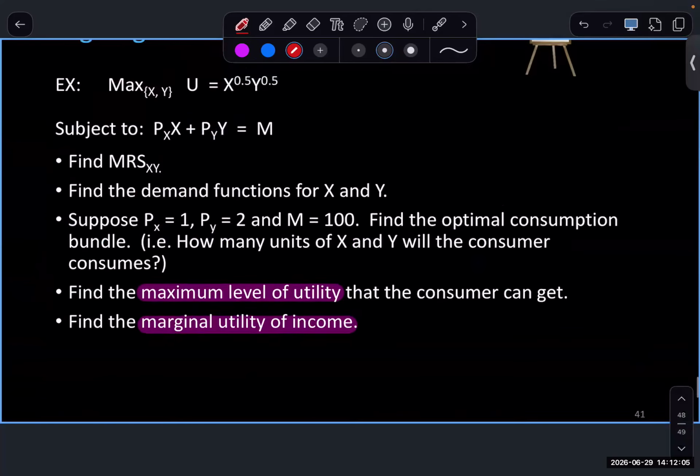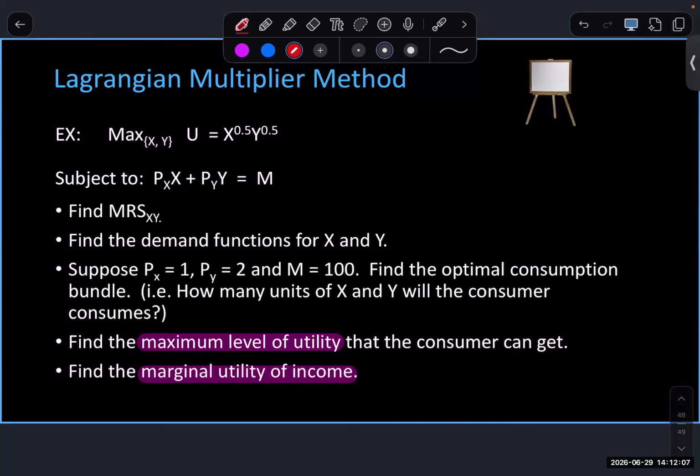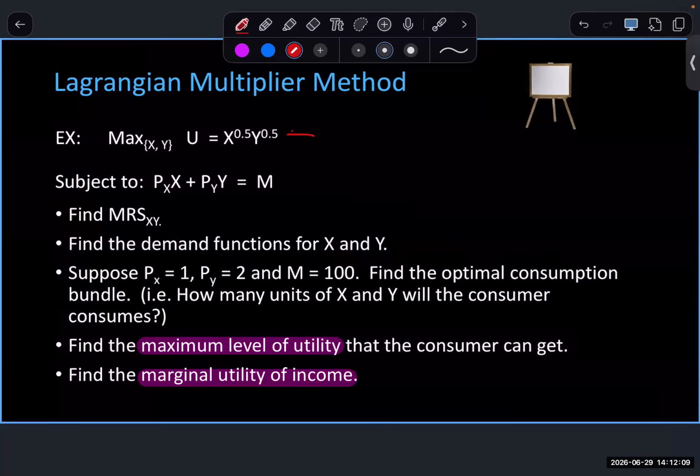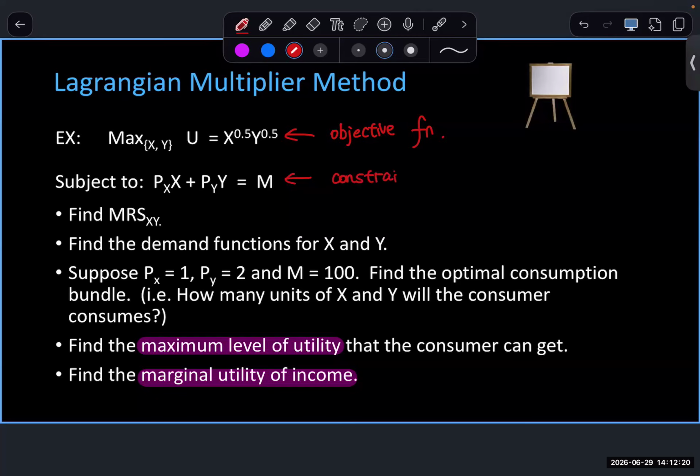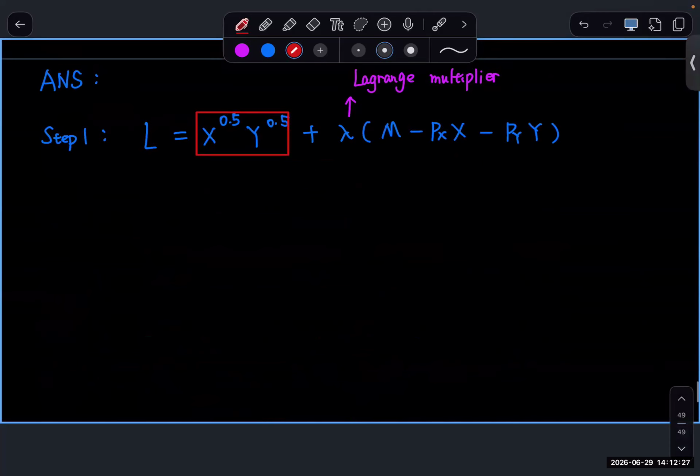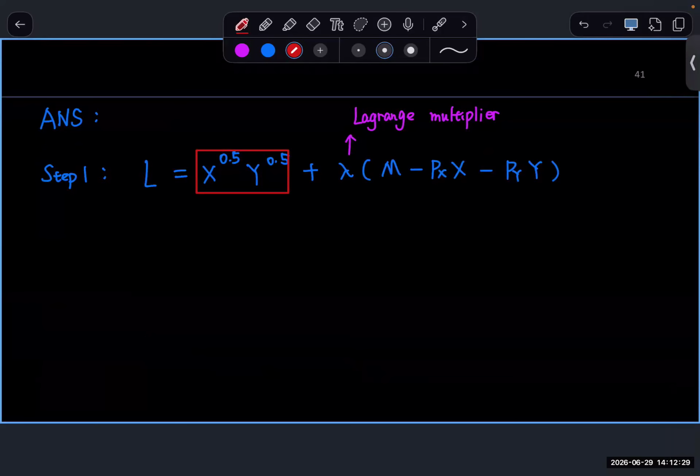Let me go back. Okay, so let me write it down here. So here is our objective function. And here is our constraint. So please bear in mind, every time when you write down the Lagrangian equation, the first part is what we want to maximize, okay?